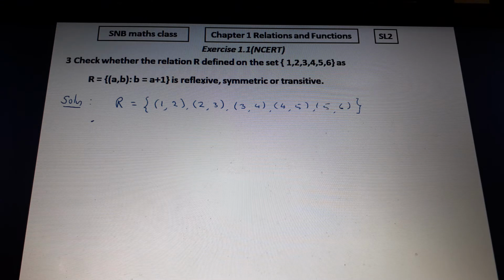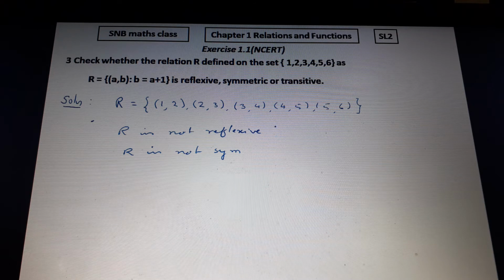So definitely it is not reflexive. So R is not reflexive. Second, R is not symmetric also, because (1, 2) is there.